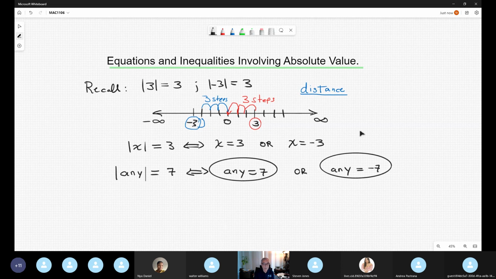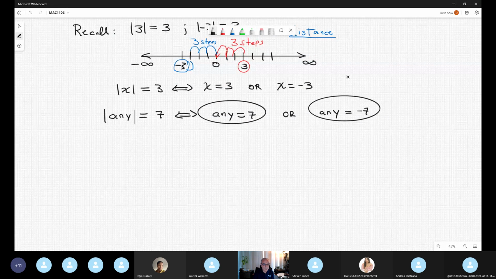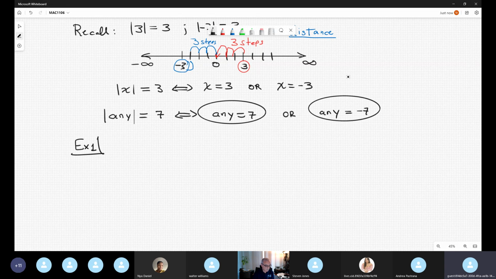Let's do an example. No more blah, blah, blah. Example 1. Suppose absolute value of 2x plus 1 equals 7. You realize, wow, it's an equation that contains absolute value, cool.